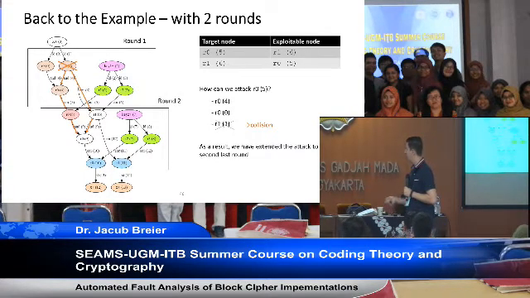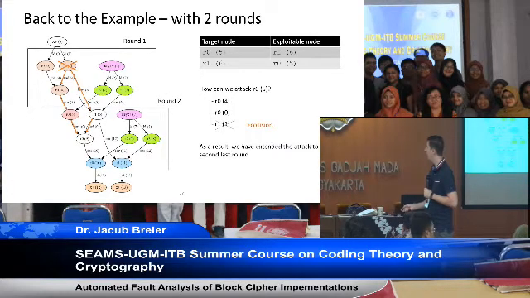But if we extend it to another node, we notice that actually this node affects not only this side of the branch, but it kind of continues to the other branch.